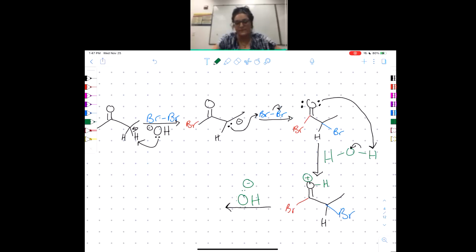What can we do? We could take away the hydrogen, but then we would just be going backwards, right? We could take the alpha hydrogen, but there's something more favorable here.